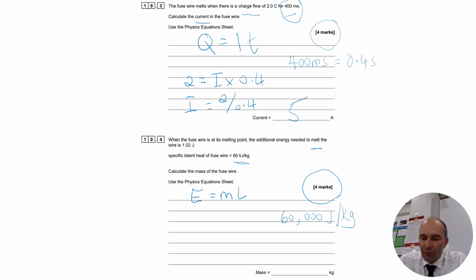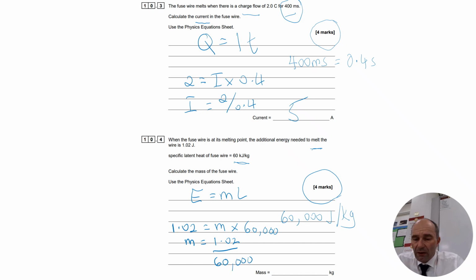Let's substitute in the numbers that we've got. So we've been told 1.02 joules of energy equals mass times 60,000. 1, 2, 3. Be careful with these zeros. We need to make mass the subject of the formula, so we divide both sides by 60,000. So we end up with mass equals 1.02 divided by 60,000.